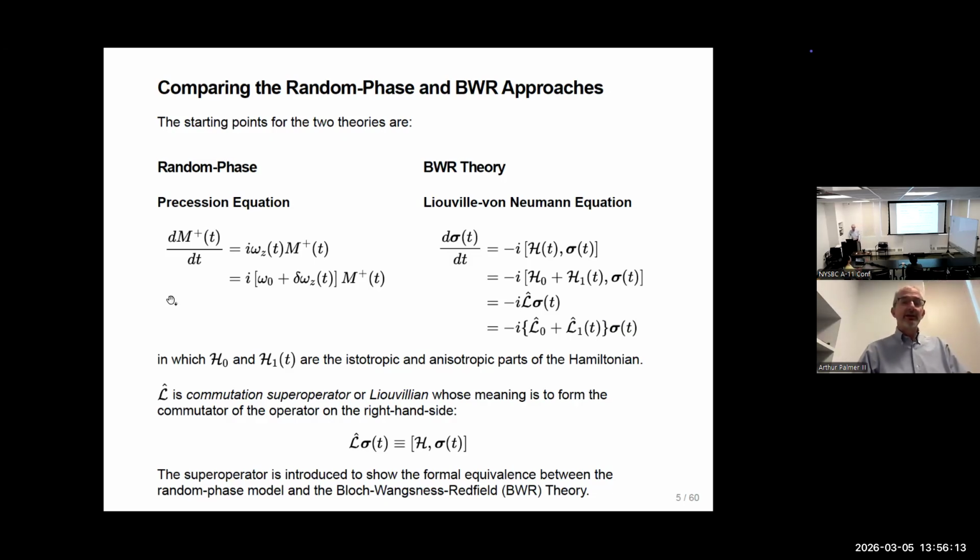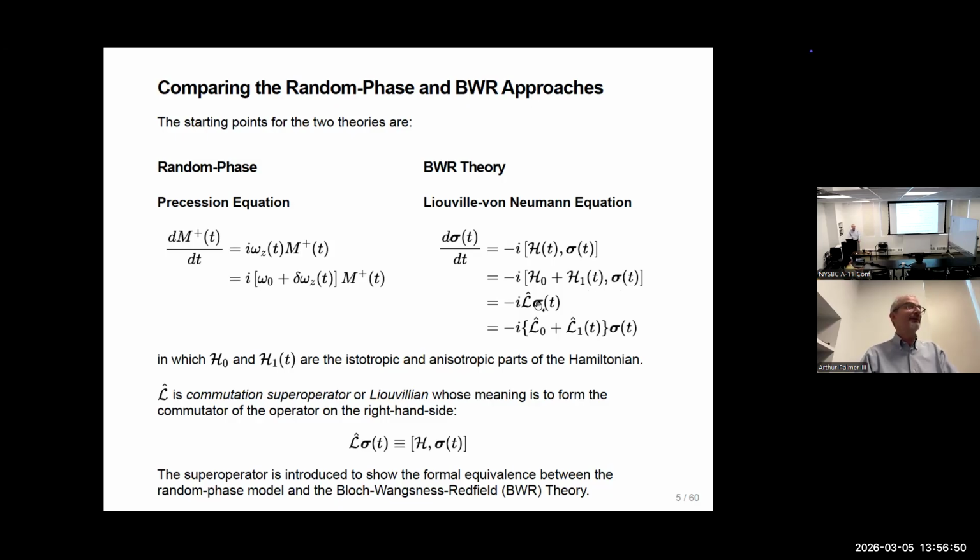We started with just writing down a precession equation where we had the Larmor frequency plus a fluctuating frequency along Z. And now we write the Liouville von Neumann equation, in which we have the time dependence of the density operator. It depends on the time-dependent Hamiltonian. We split that into an isotropic part that doesn't depend on time and a time-dependent part. We have the commutator. I don't like that. That's kind of ugly.